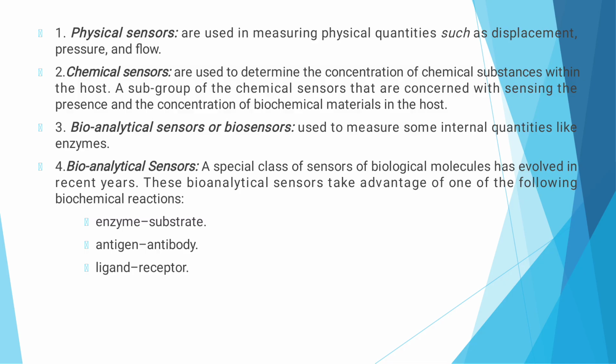The second category is chemical sensors. These measure chemical concentrations inside the body, such as pH, oxygen concentration or glucose level. The third category is bioanalytical sensors, or biosensors. These sensors measure biological substances like enzymes and biomolecules.